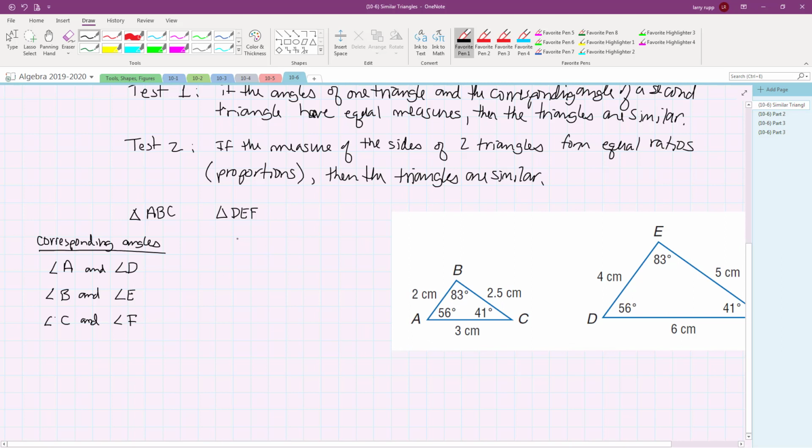Now over here we have something a little bit different, okay? Corresponding sides. Now remember, corresponding sides aren't equal, the ratios of sides are equal, okay? So let's look at this. The side AB, and that's denoted by this bar across the top, and DE.